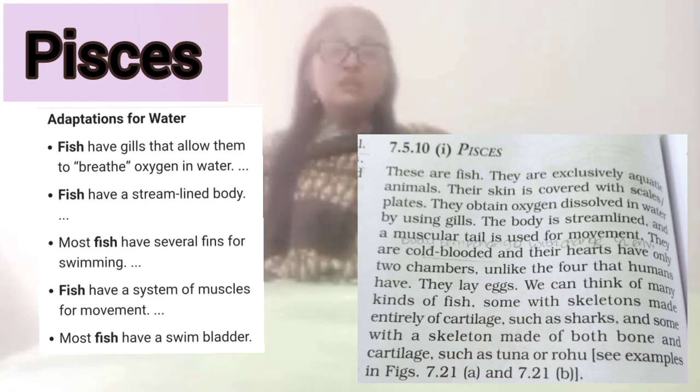They breathe through gills. They have a streamlined body which helps them to cut through water, thus reducing friction. They have paired fins which also help in movement. The tail helps to change the direction.